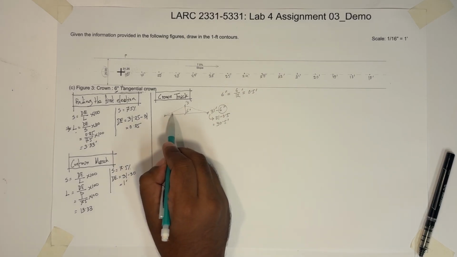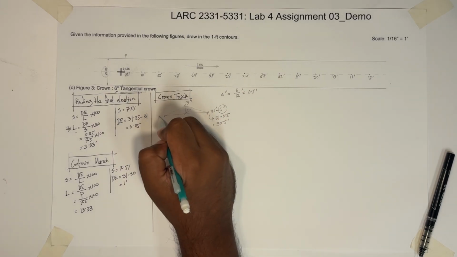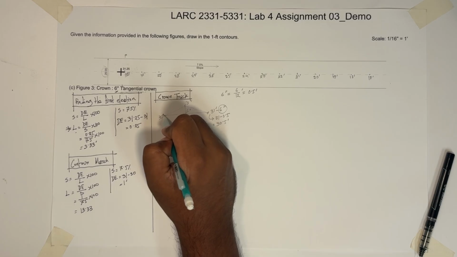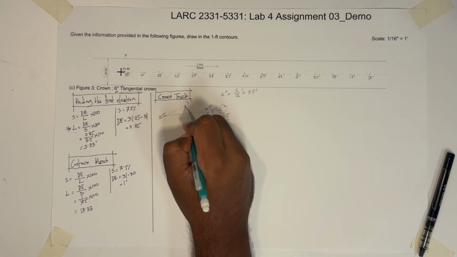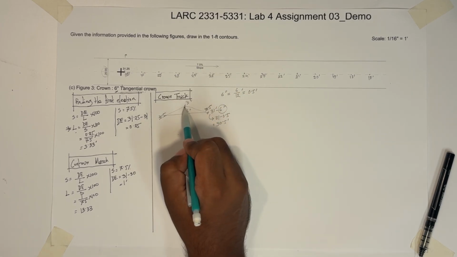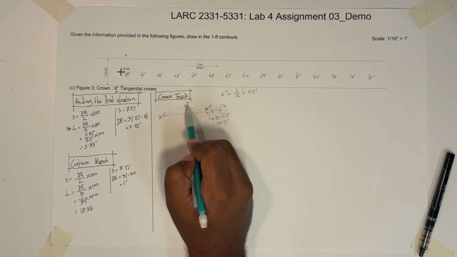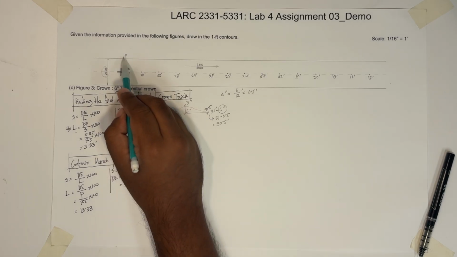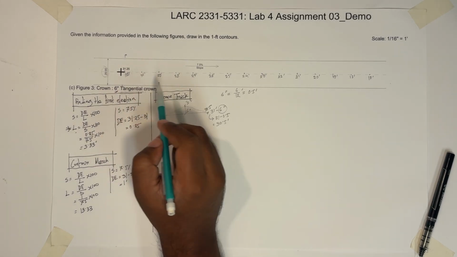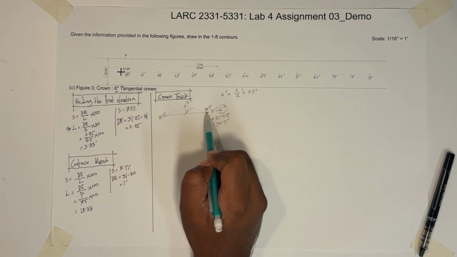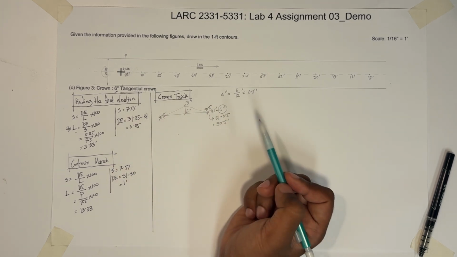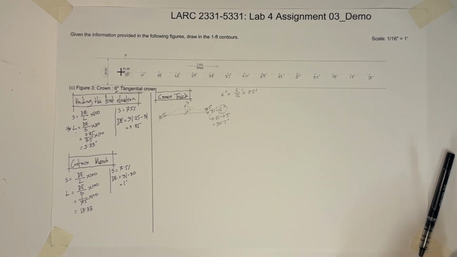So the section would be something like this: 30.5 and 30.5. So if you have a crown of 31 feet and cut a cross section across the road, that value of the edges would be 30.5.